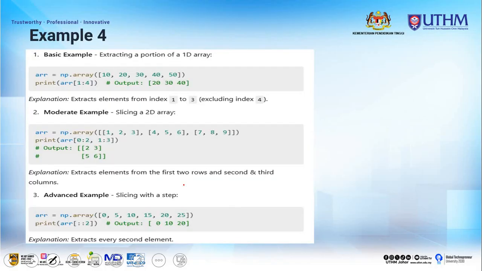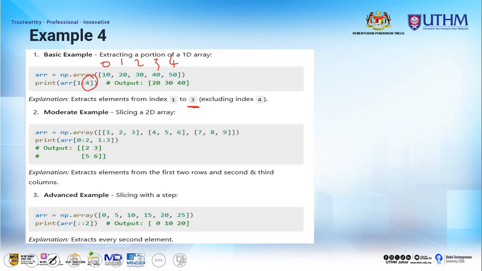Let's see an example. Example 4.1. A one-dimensional array equal to np.array 10, 20, 30, 40, 50. So the slice starts at 1 and ends at 4. Remember, when you end at 4, you can only take up to index 3. So let's write the indexes 0, 1, 2, 3, and 4.